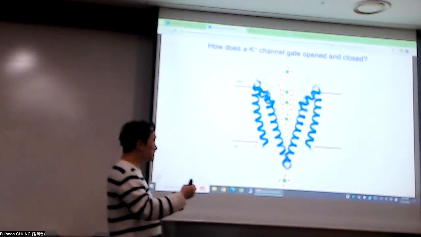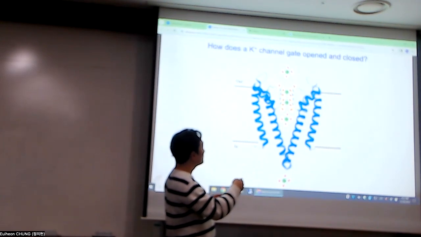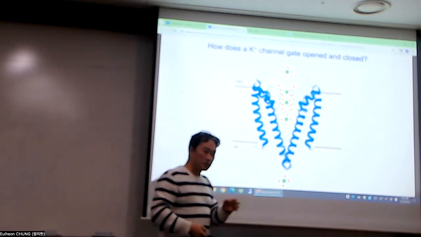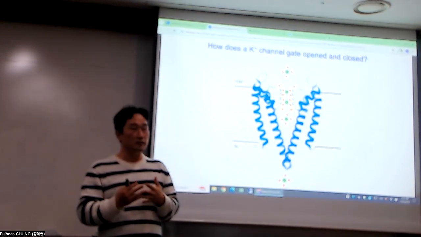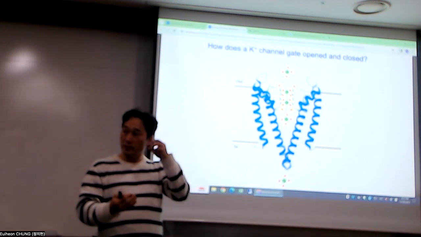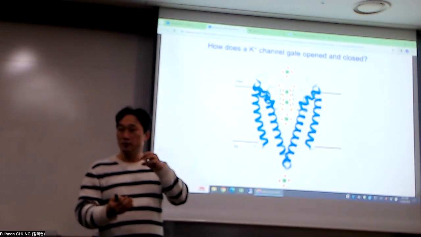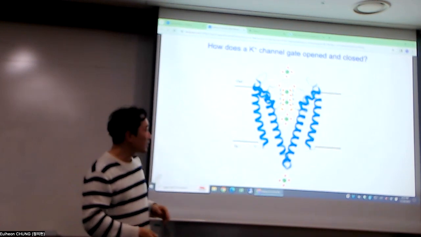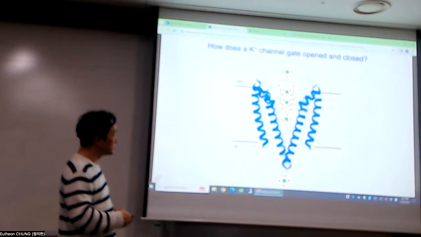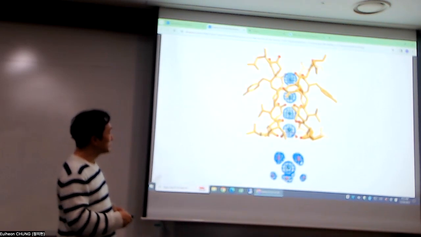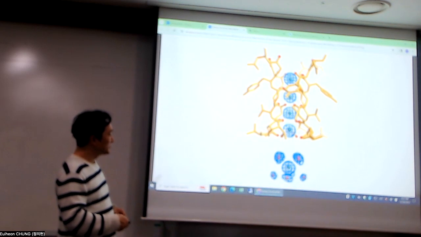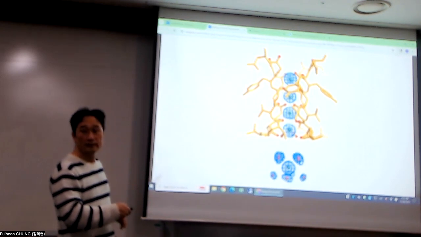So this environment is exactly the same inside the pore. So for this potassium ion, it doesn't feel any energy hindrance when it enters the pore. So almost zero, it can move very smoothly. That's another view, the 3D structure, surrounded by water, exactly the same inside the pore.